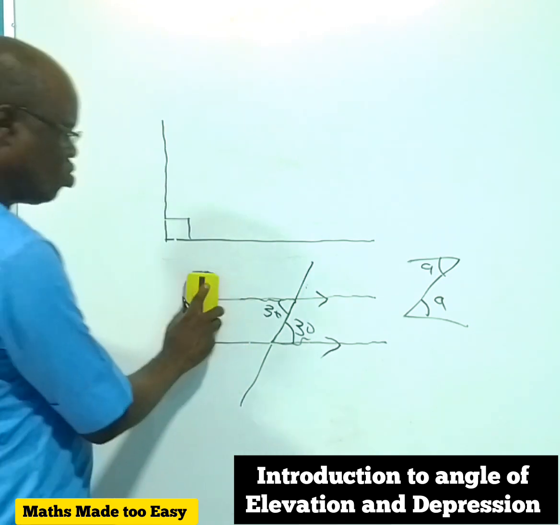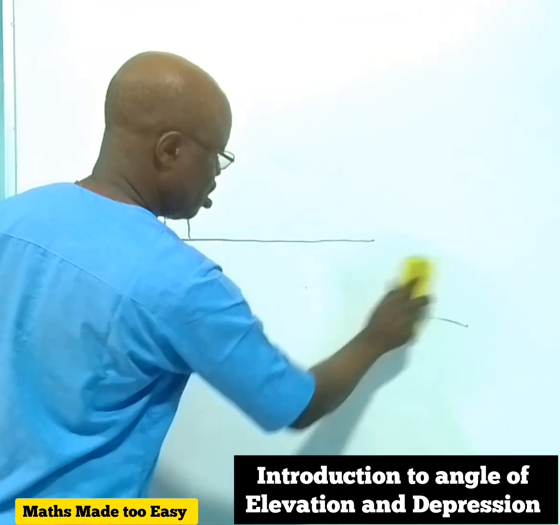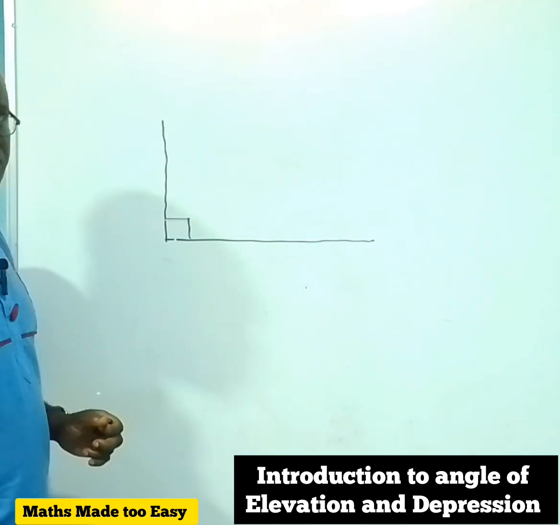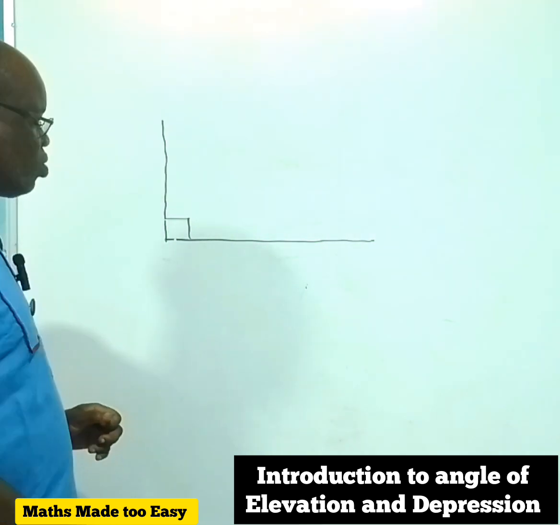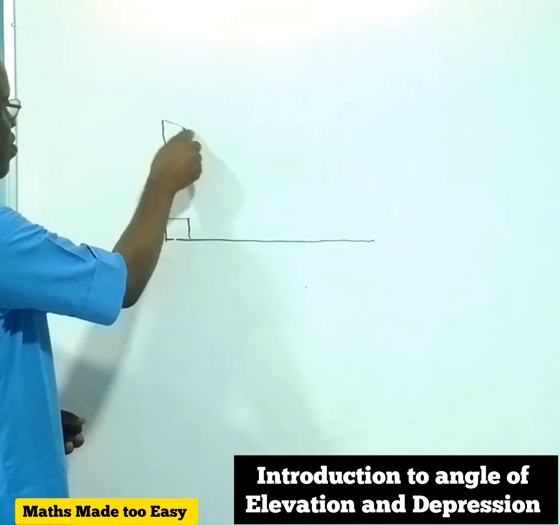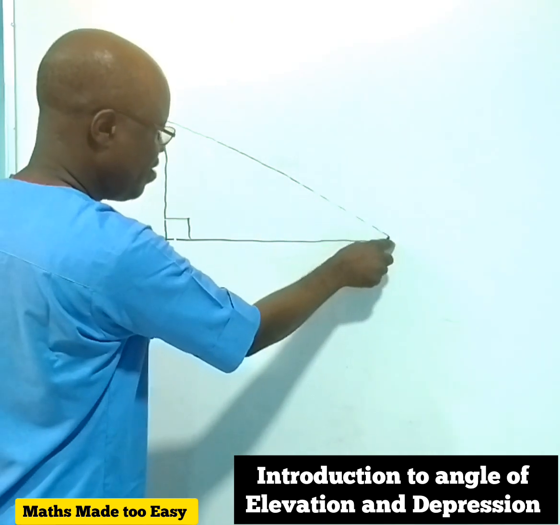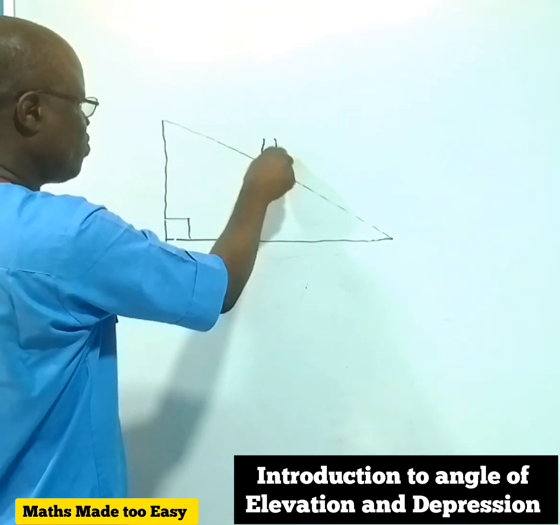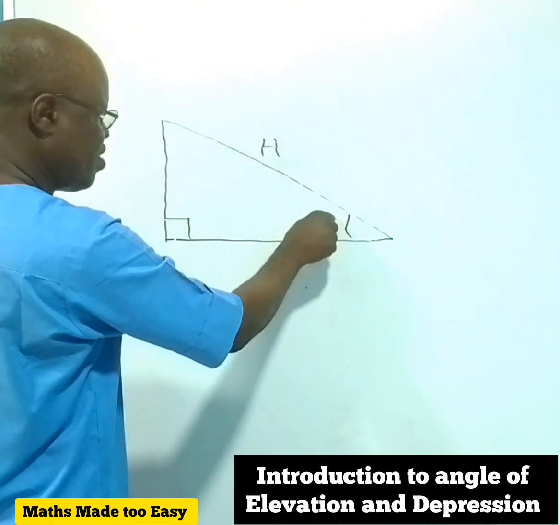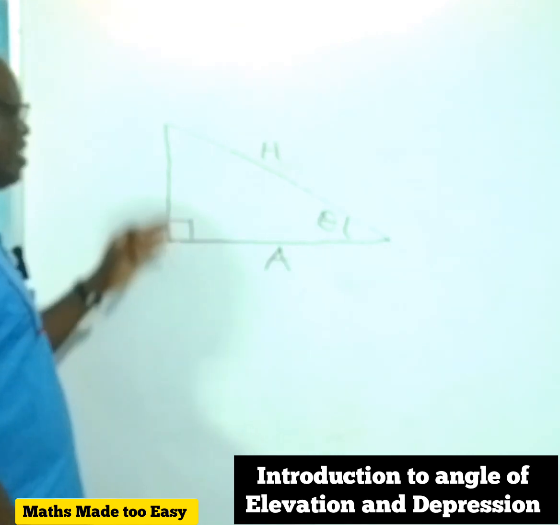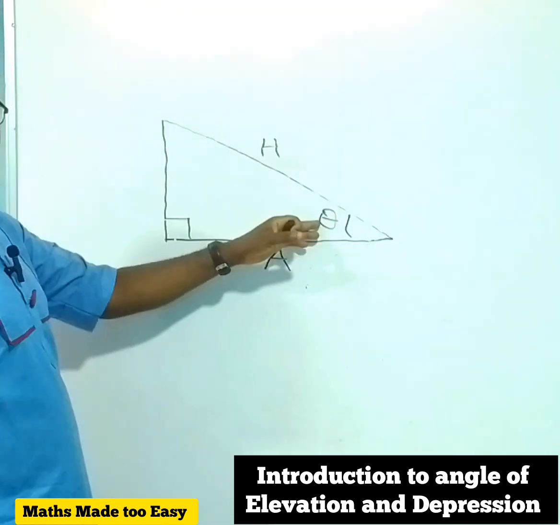Now the next thing we should also note that has to do with angle of elevation and depression is what we call Pythagoras theorem. Now suppose I join this, the longest side I can have here is called the hypotenuse. Let's say this is theta and this is adjacent. This is opposite, it's opposite to this angle theta.